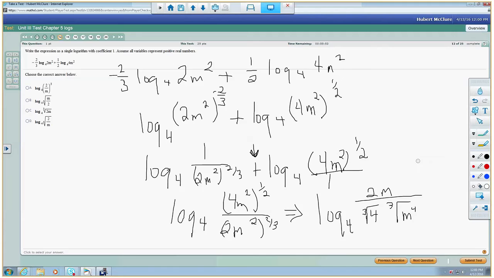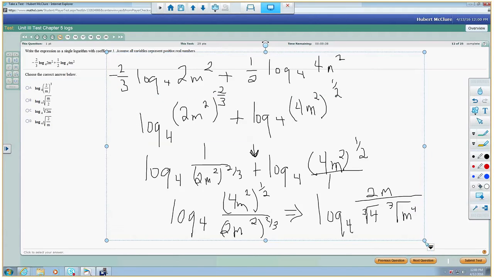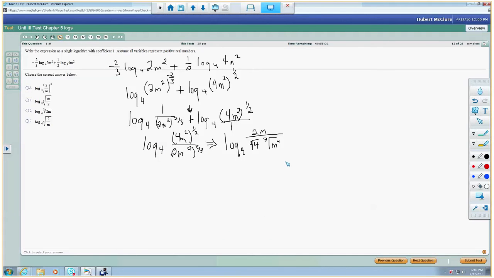Okay. Rationalizing the denominator will get rid of it, I bet. Let me make it smaller, because I have no idea. There we go.